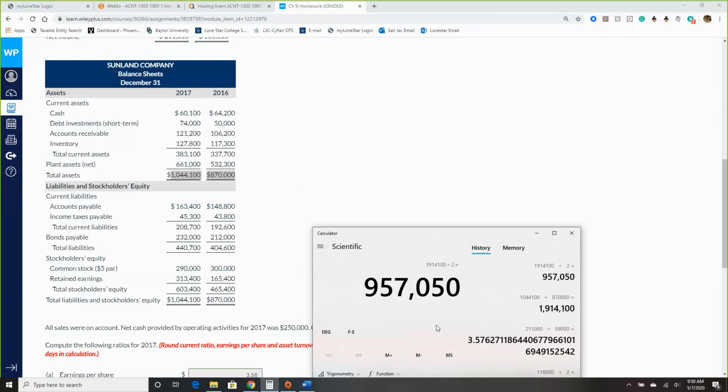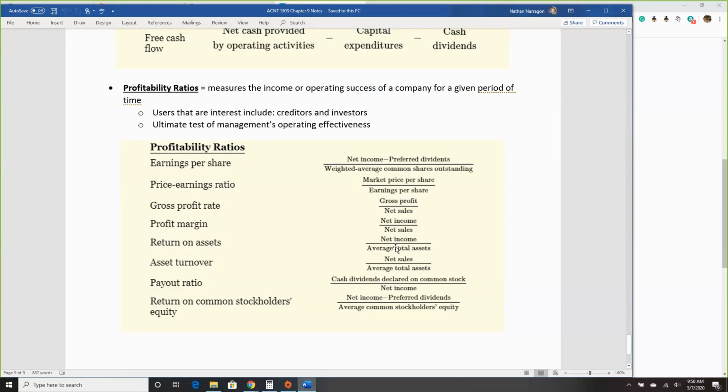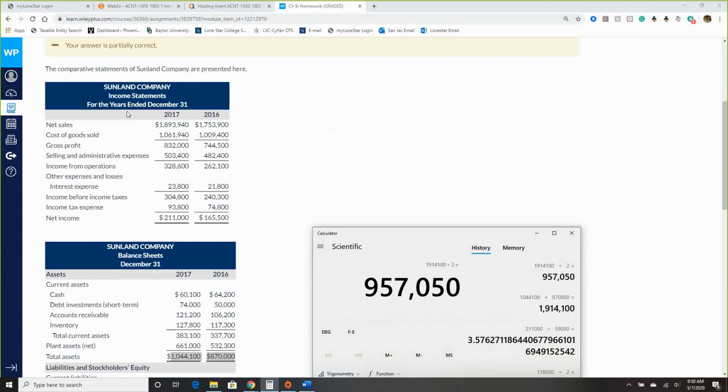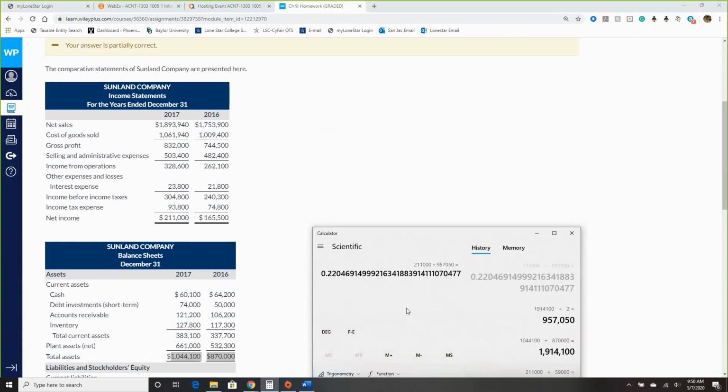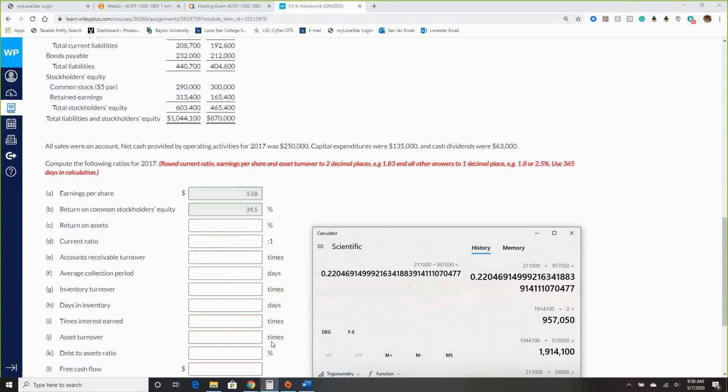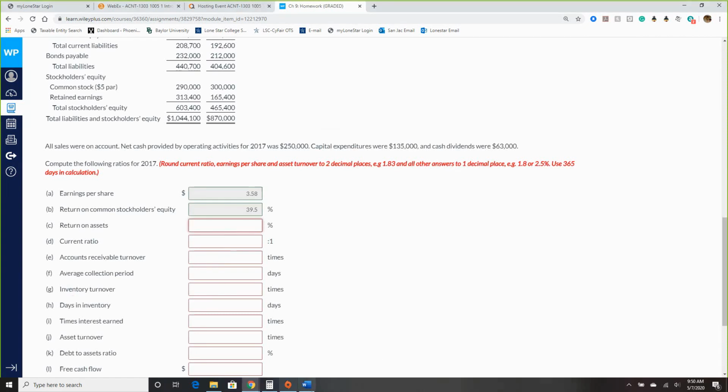So we have 957,050 in total assets. And again, our formula says take our net income and divide by 957,050. There we go. About 22%. And remember, it does tell you all of them to go 1 decimal except for earnings per share and asset turnover. So, just 22%.